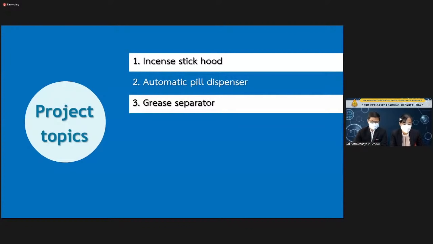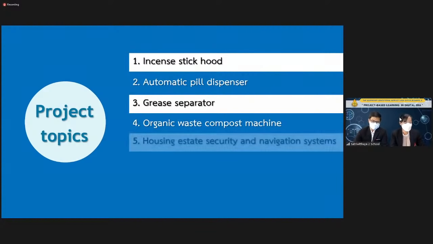Number 3, the glycerol separator, a machine that separates fat from food waste water by using chitosan, and separates water and gases into layers automatically by order of an Arduino board. Number 4, the organic waste compost machine, to shorten the fermentation time by 15 days.